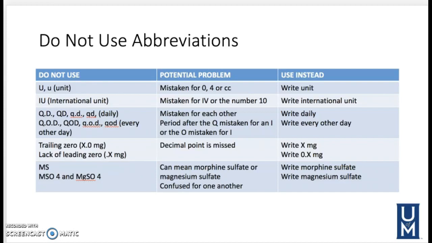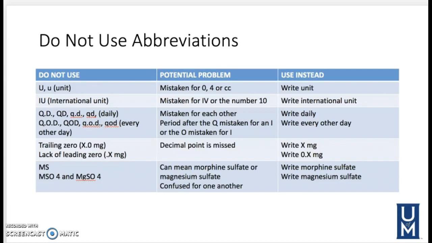We also need to break the habit of using a trailing 0. So here in our example, that X would be like a number 3, 3.0 milligrams. Instead, you would just simply write the number 3 milligrams if it is in fact an even number with no decimal place behind it. And then lack of a leading 0.